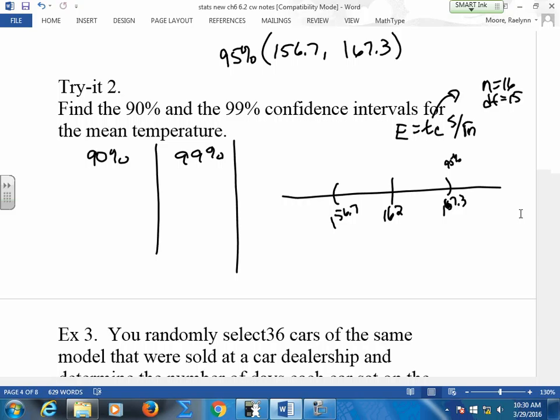Okay, so if you're doing your formula for this, what was your TC? Anybody do the TC for this? Good. The rest is going to stay the same. Your sample standard deviation, I didn't write it down. 10? Thank you. Over n.